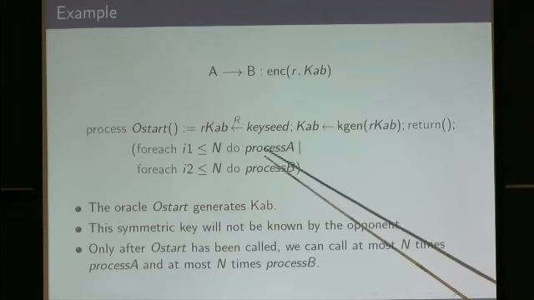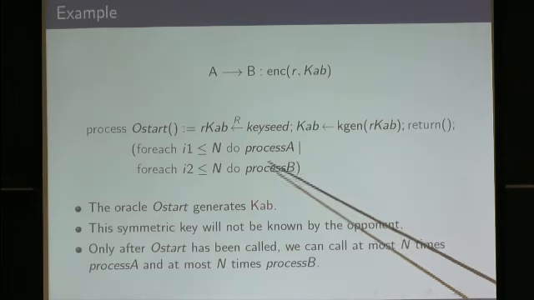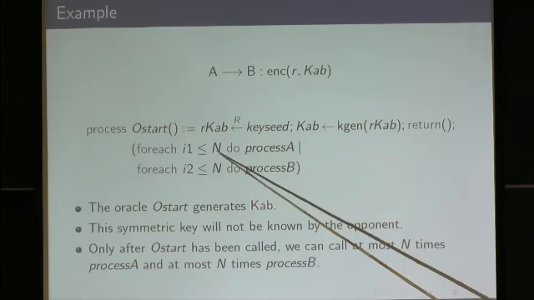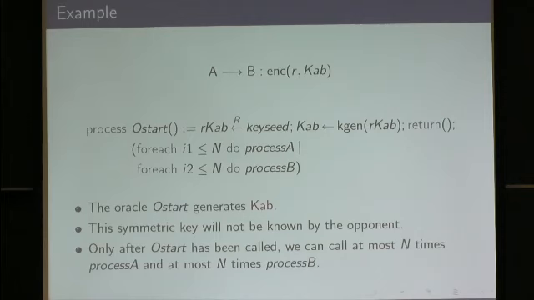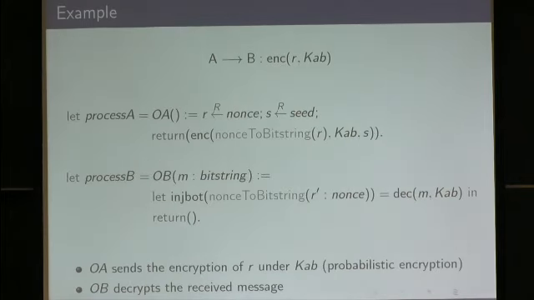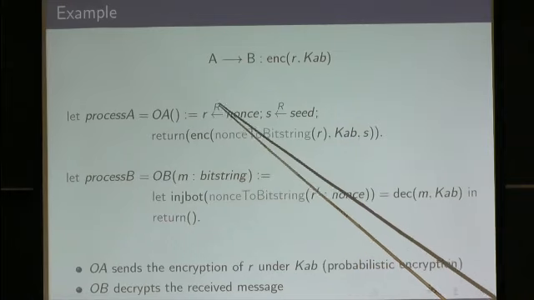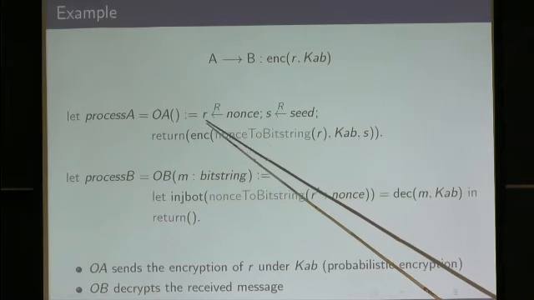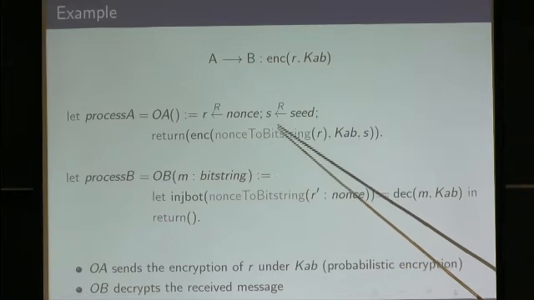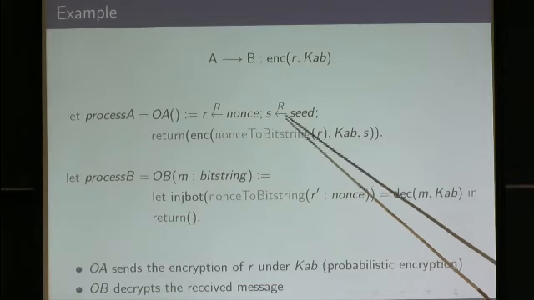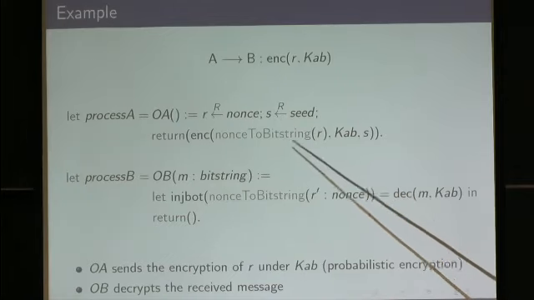And after that, you have a process for A and a process for B, and both of them are repeated n times. So you can run this protocol several times if you like. Then the process for A, what it does, well, it generates the nonce R. It generates random coins that are used for encryption.